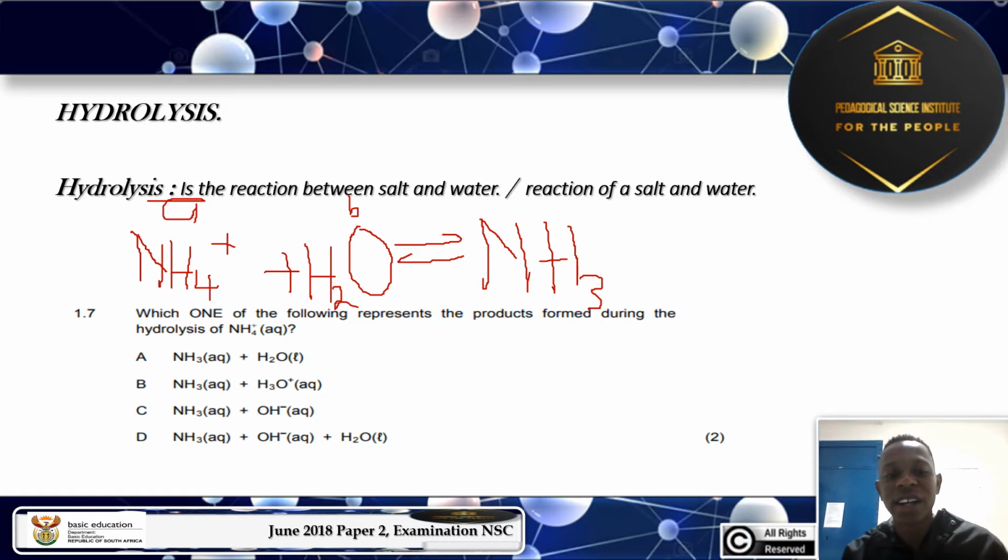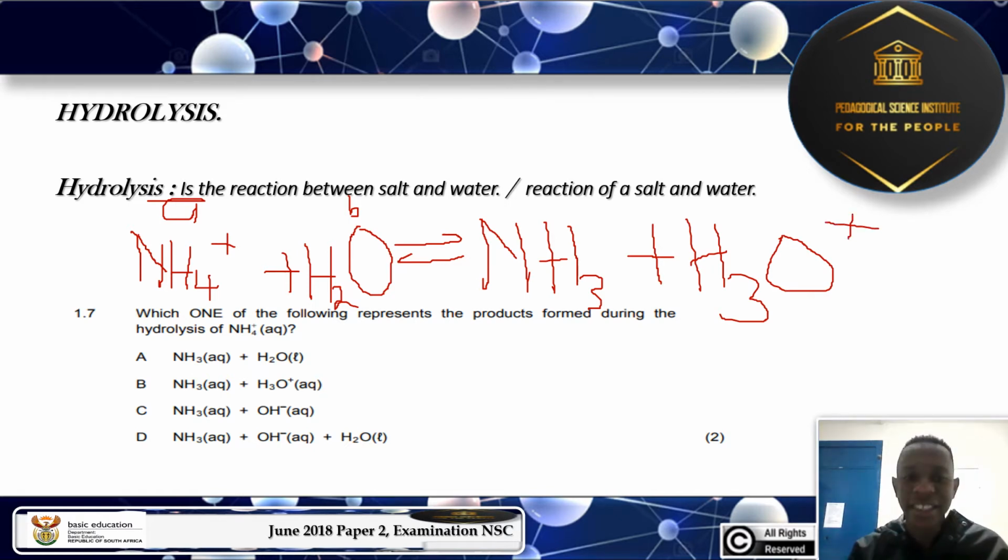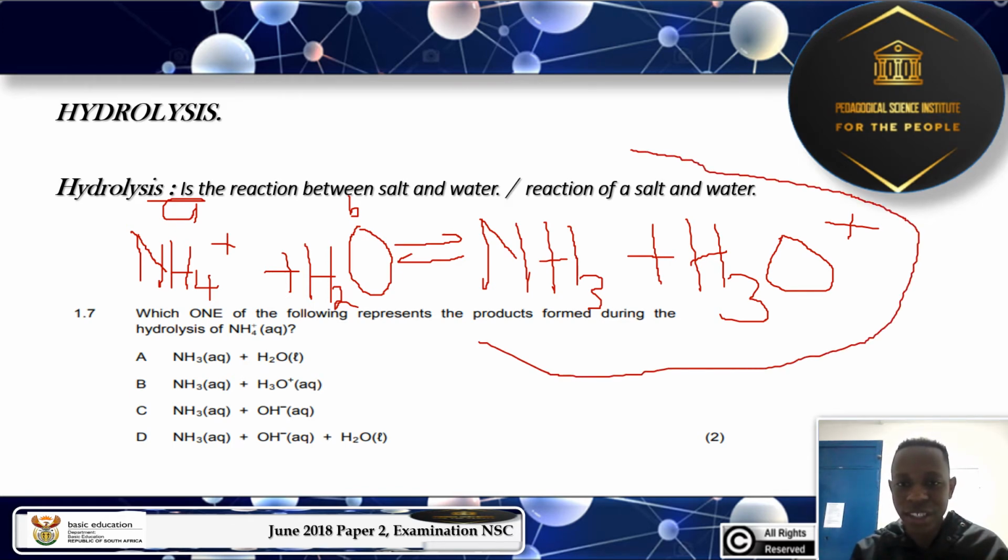What do bases do? They accept, meaning H2O is going to accept. That is why on this side we are going to have H3O+. Exactly. So these are the products formed.